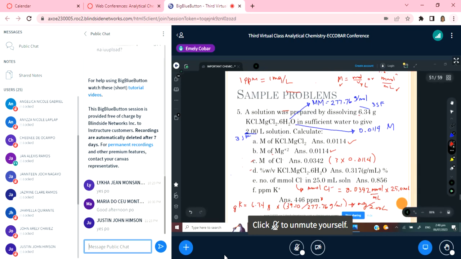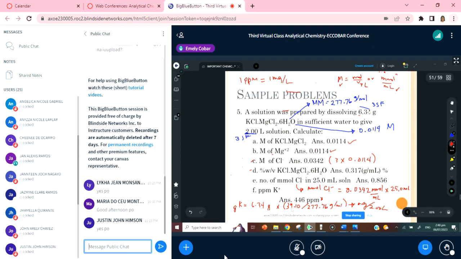Okay. So, letter A. Ano yung pinapakuha? Molarity of KCl and MgCl2. What is the molarity of potassium chloride, magnesium chloride? Okay? So, ganito gagawin natin, class. Ang given natin, 6.34 grams of this.